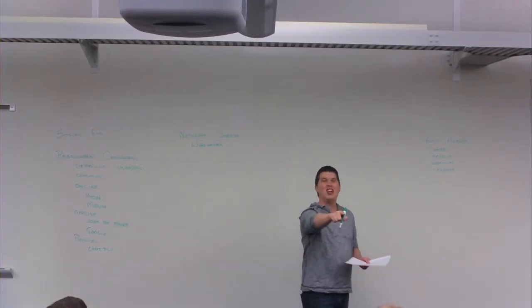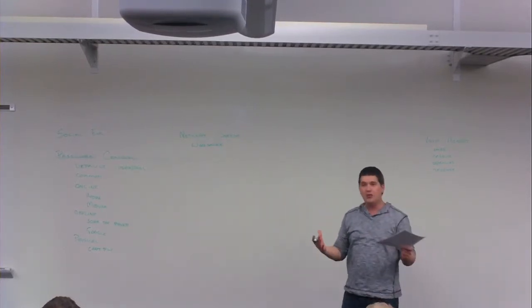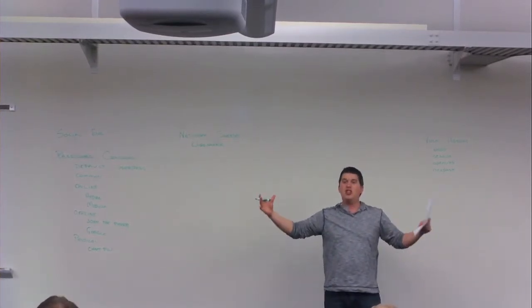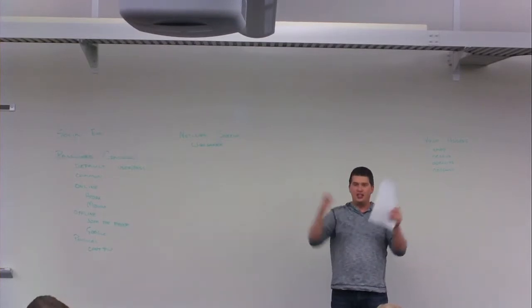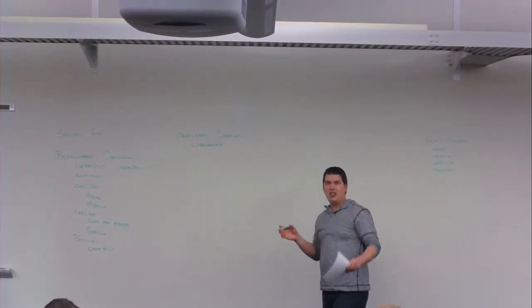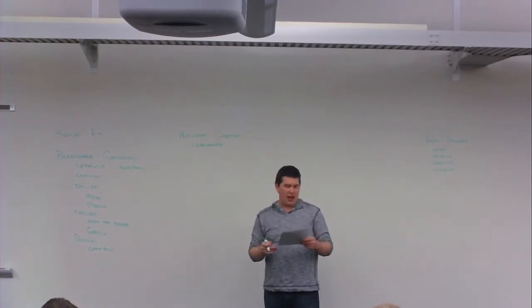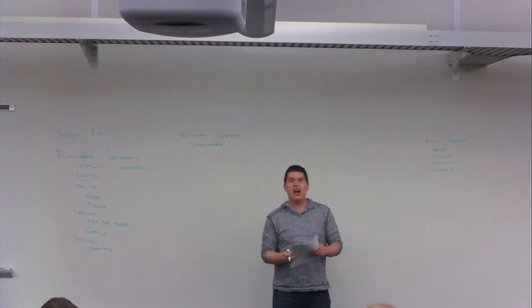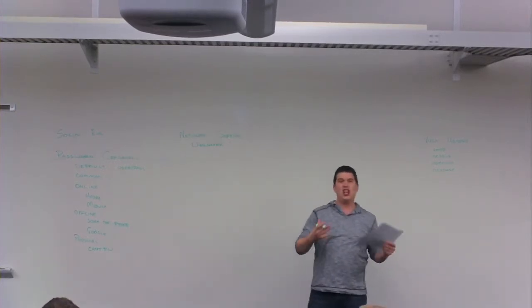That's correct. But the way switches are different than hubs is hubs would receive information and send it out to everyone. Switches try to be a little bit better. They accept it and then only send it to the right person. Like he said, if you flood that, and there's a tool that I did not write down here, that will actually flood it with MAC addresses and overload it.